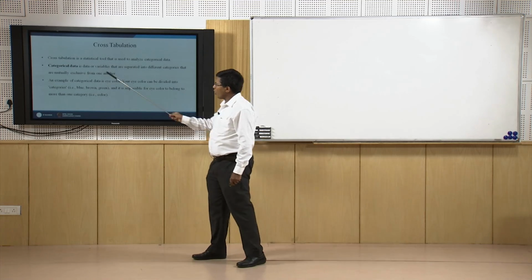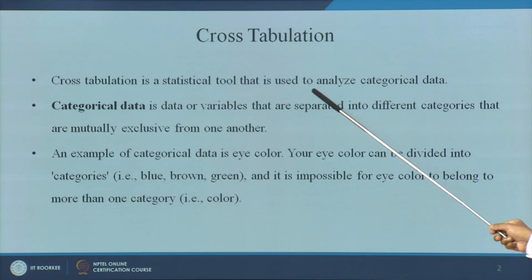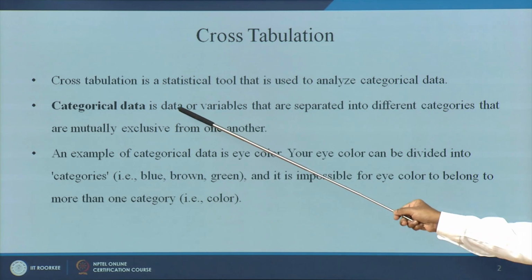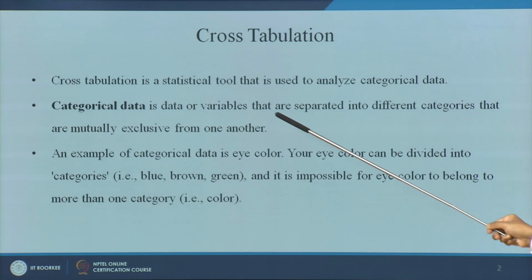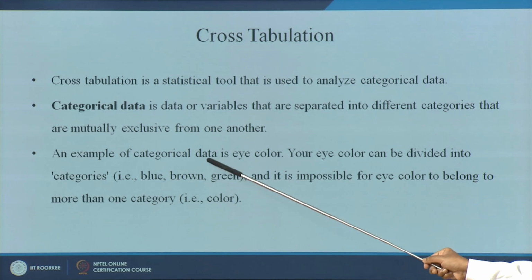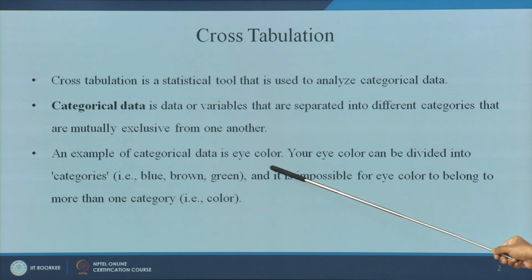Cross tabulation is a statistical tool that is used to analyze categorical data. Categorical data are variables that are separated into different categories, which are different from each other, mutually exclusive from one another. Let us say one categorical variable is eye color.